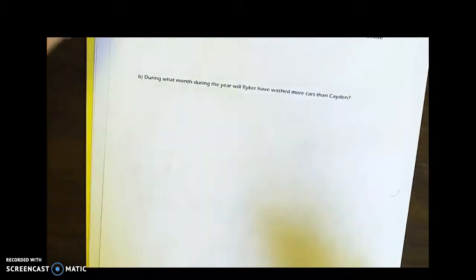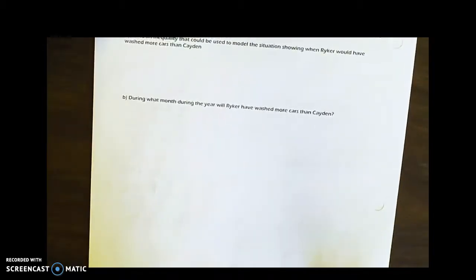Okay, let's flip it over now and try just one more question here. So here we have Caden and Riker washed cars to make some extra money. At the beginning of this year, Caden had already washed 24 cars. He continues to wash cars and washes 15 cars each month for the year. Riker is new to the car washing business, so he only had 12 cars at the start of the year.